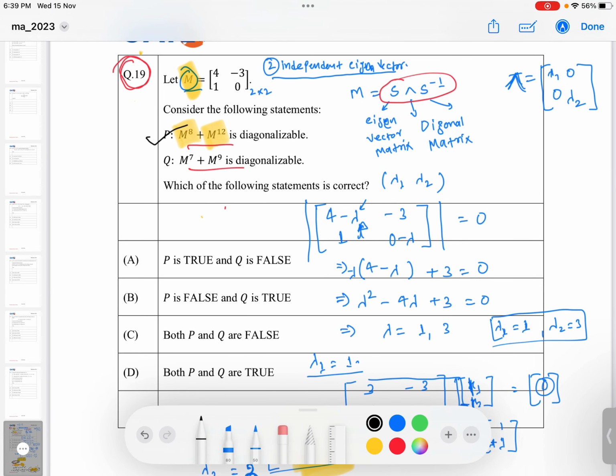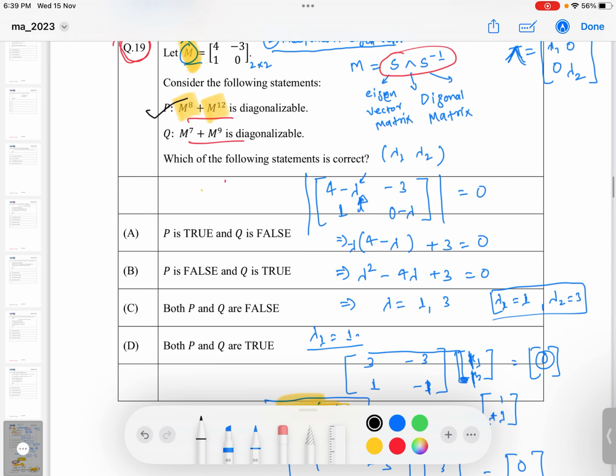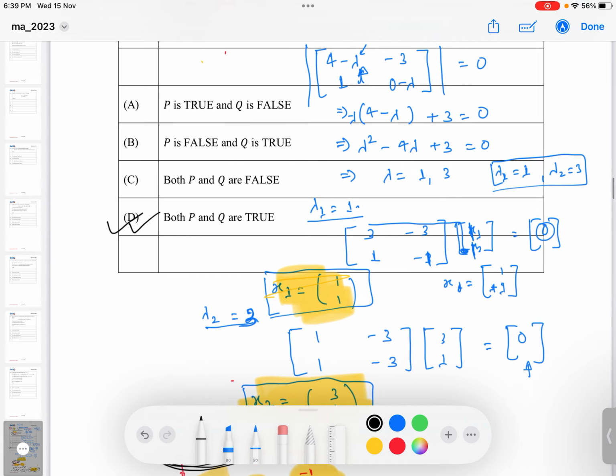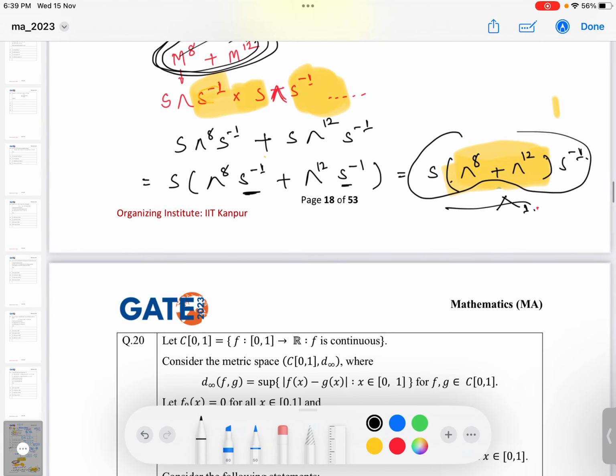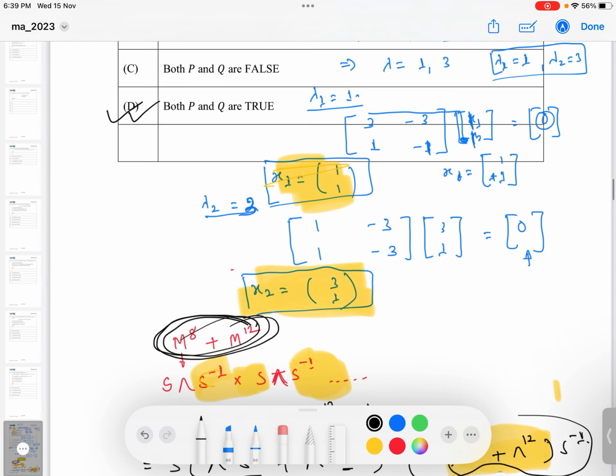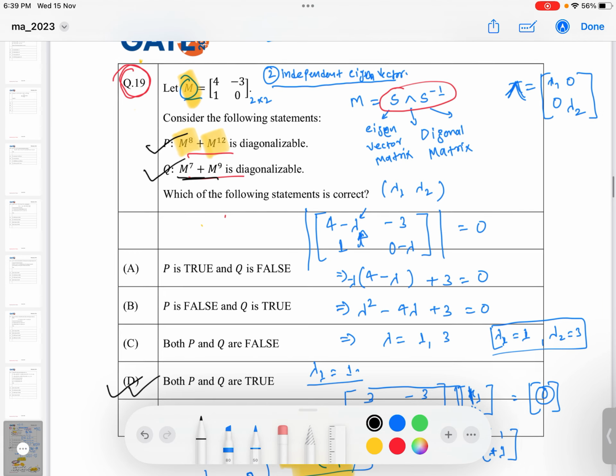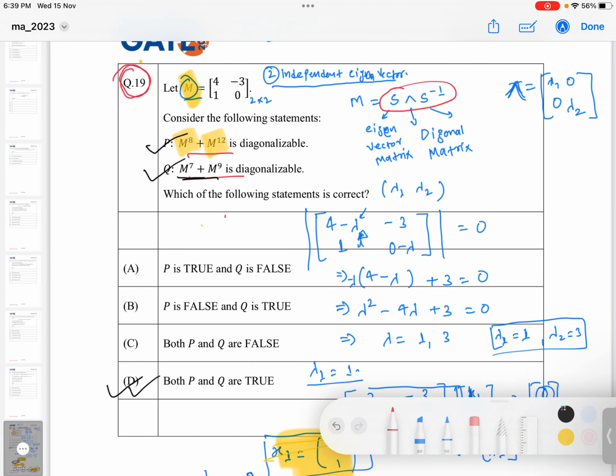And with the same explanation, we can also say that M to the power 7 plus M to the power 9 is also diagonalizable. So both statements are true. So according to that, option D is the correct answer, right? So how can we write this M to the power 7 and M to the power 9?